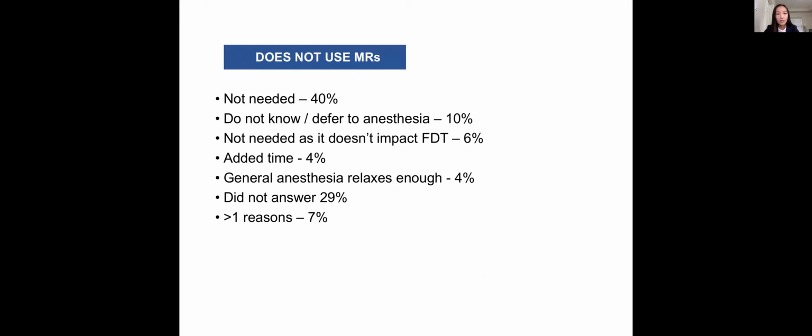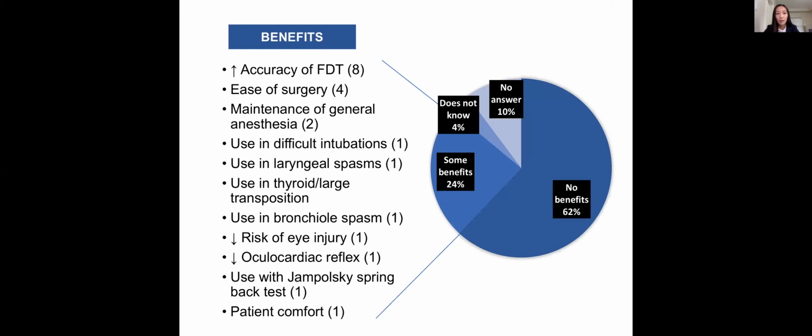Reasons for not using them are listed here, with not needed as the number one reason. While most participants noted no benefits, some benefits included increased accuracy of FDT and ease of surgery. These include better visualization and changes in muscle activity, as well as globes maintaining primary position during surgery.